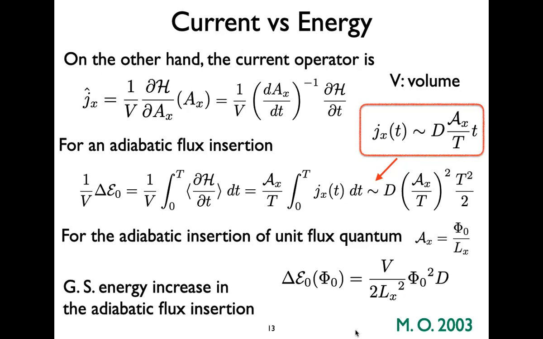Then you obtain some Drude weight times some factor. So now you can compare the left-hand side and the right-hand side. Then you find that the Drude weight must be proportional to the energy increase, the energy increase of the ground state due to this vector potential.